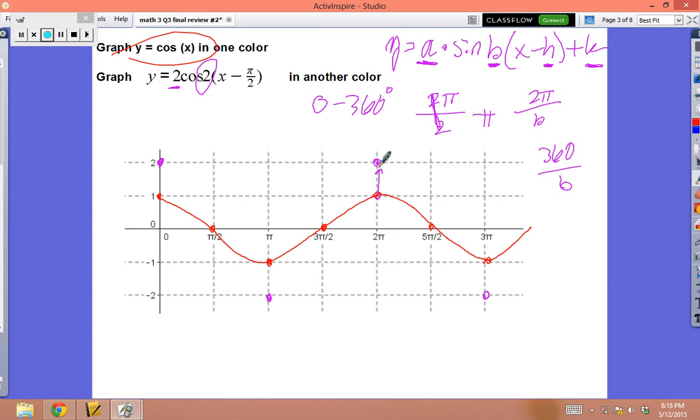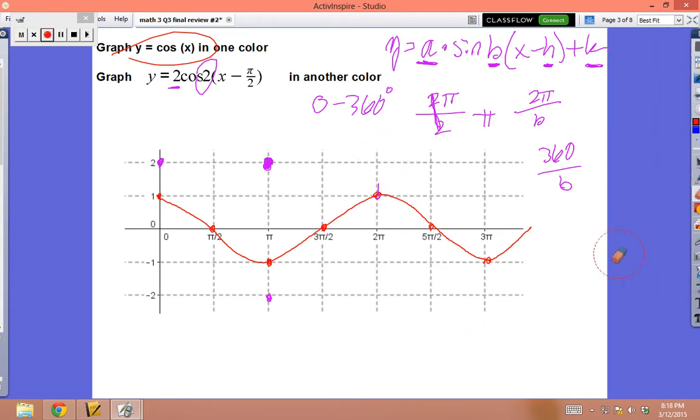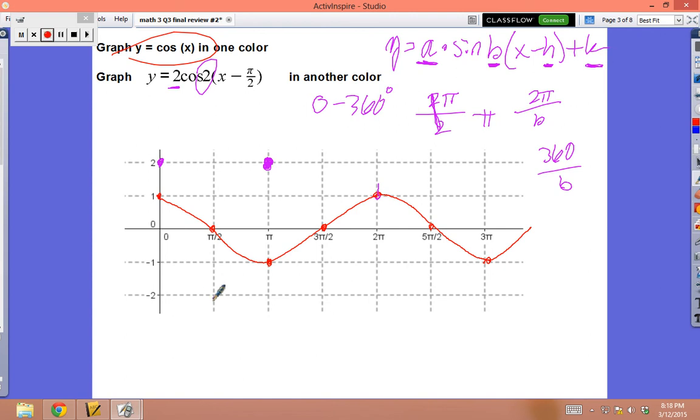So this ending dot now needs to scoot over to pi. So I'm going to end right here. This is my new ending. So let me erase this one. Let me erase this one. And this one right here also needs to be compressed horizontally. I need to scoot it over, and it's going to go to right here. Okay, so if I were to draw it, it would look like this.